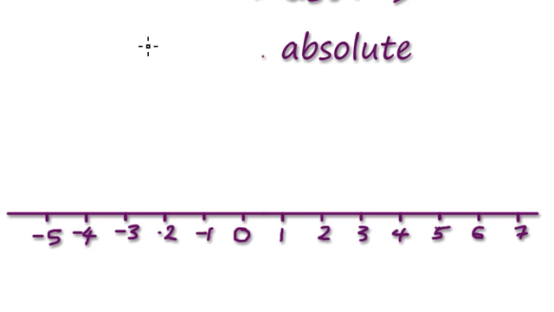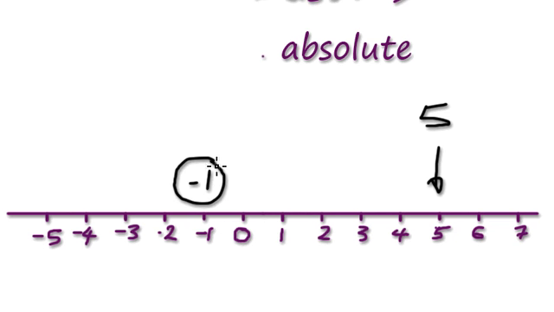The magnitude is, in a way, like ignoring the negative sign. So the absolute value of 5 is 5, but the absolute value of -1 is 1.